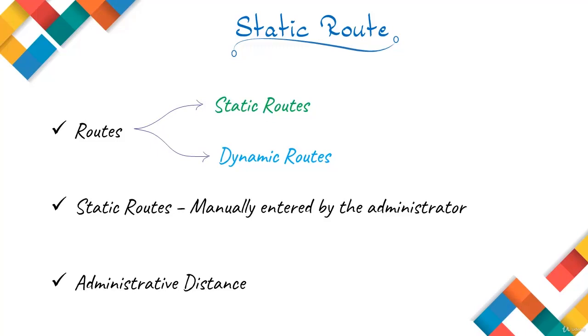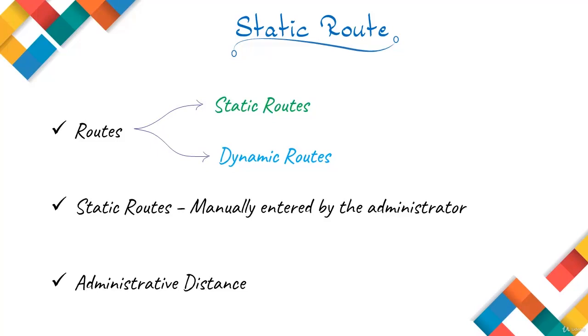Next is the backup static route. In a large network, there will be dynamic routing protocols installed, so they will be accumulating the routes in the routing table automatically. But if something goes wrong with these dynamic routing protocols, the router will go into a standstill. In order to avoid that, we specify a static route also.